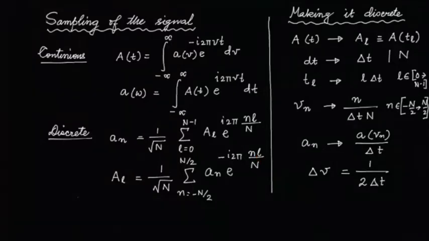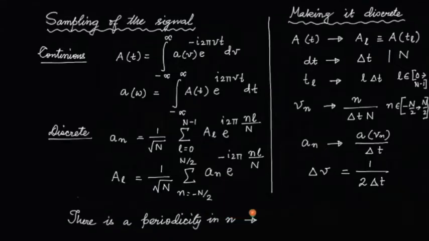So this is what we said. But then at the end of the day, we said that these two discrete relations are not quite symmetric, because the summation goes from L equals 0 to n minus 1 in one case, and it goes from minus n by 2 to plus n by 2 for the other case. So instead of writing it this way, we realize that there is a periodicity in n.